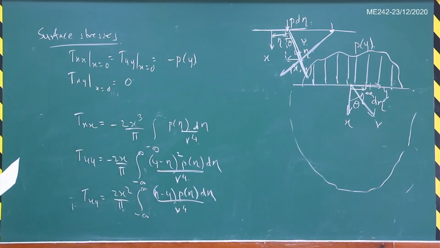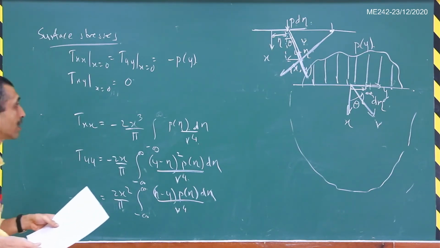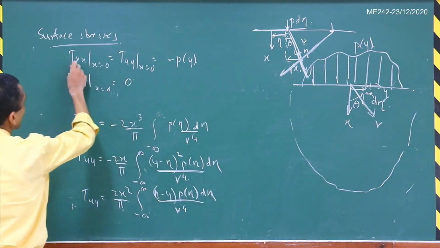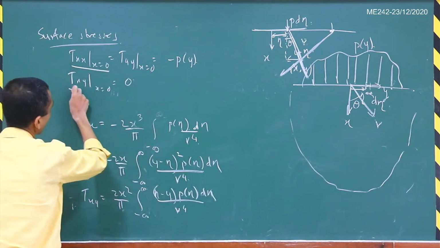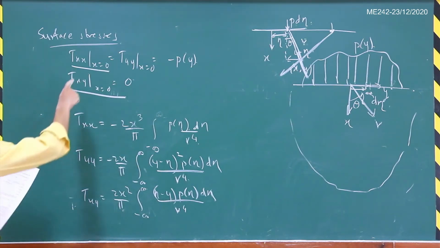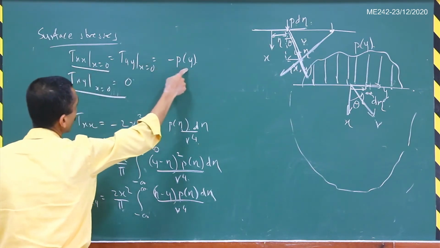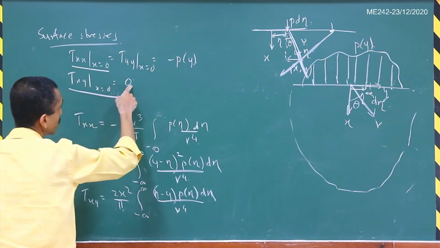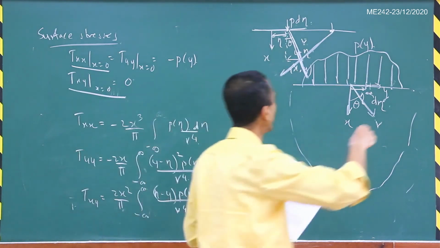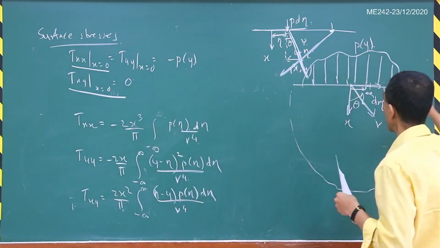Now you have to be very careful here. See this condition here, that tau xx at x equal to 0 is minus p of y and tau xy at x equal to 0 is 0. This is simply the boundary condition, right? Because there is no shear being applied on this particular surface here.